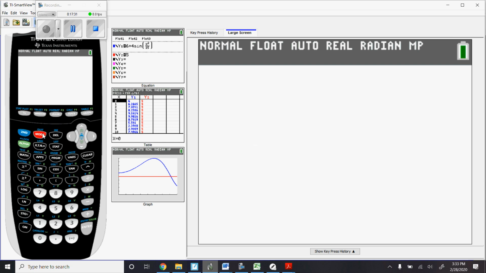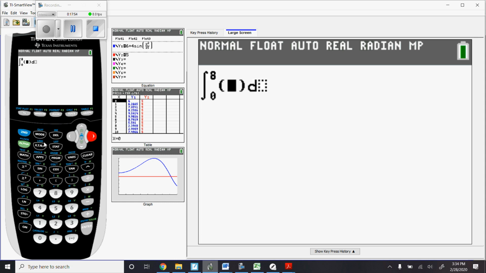We can just go back to our graph, our normal screen, and I can type in my integral, math 9, integral 0 to 8. But check this. Instead of typing out 6 plus 4 sine of x squared over 15, I can just use the variable y1.